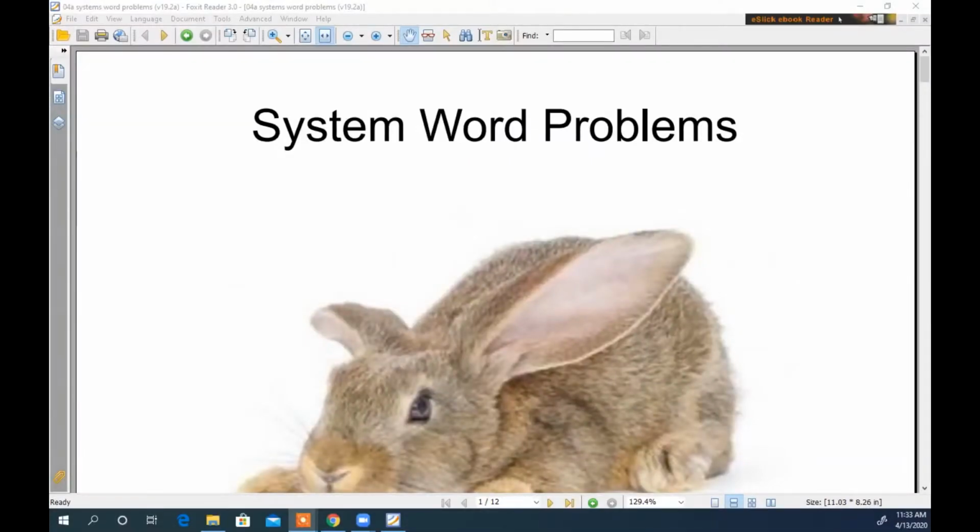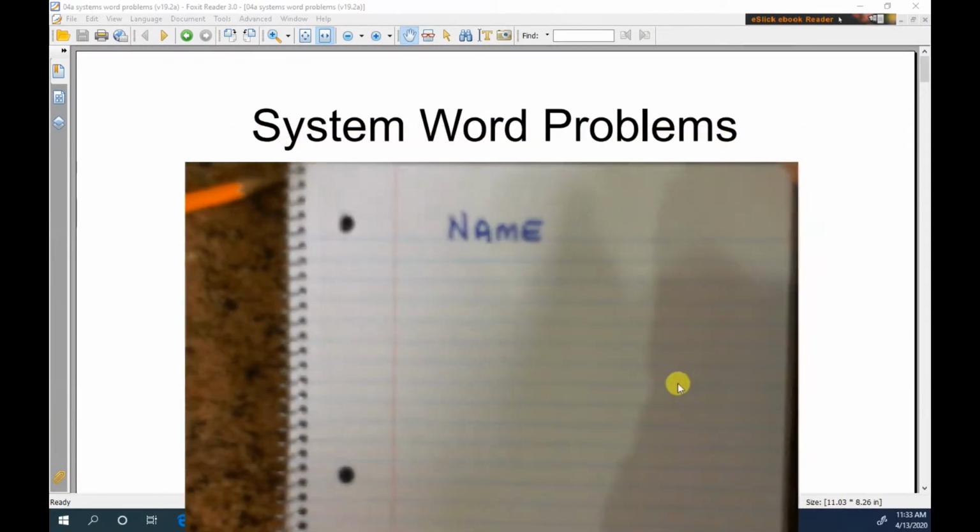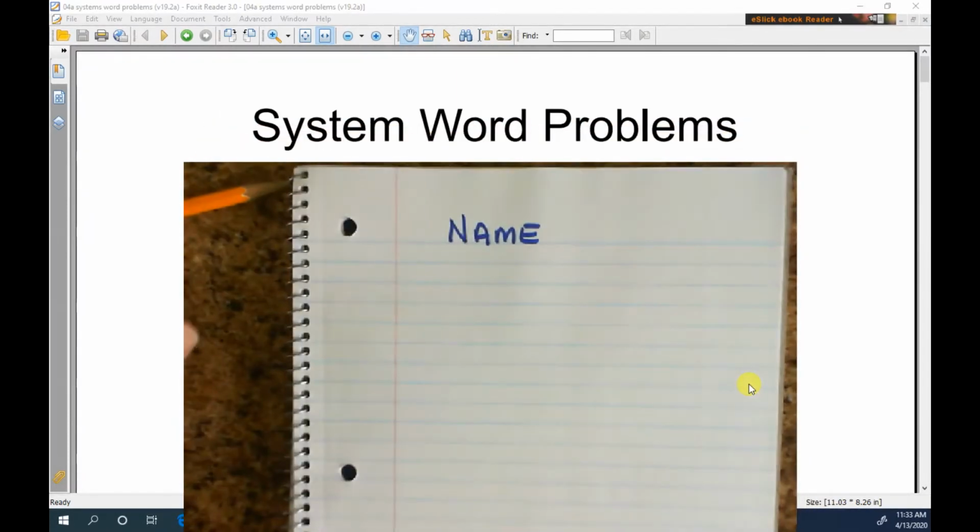Hey, this is Mr. Barr, and we're going to take some notes for system word problems. So let's start with our name on our notes. So let me show you what I'm writing. So you're writing this along with me. We're going to do name. And we're going to do system word problems.